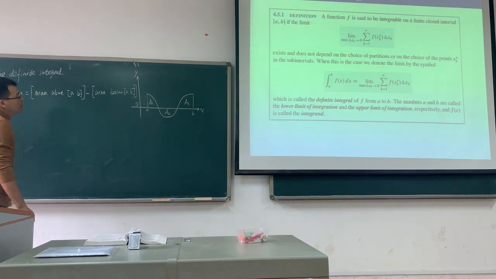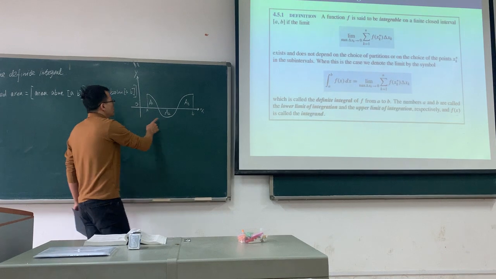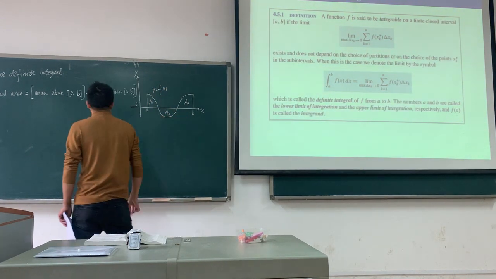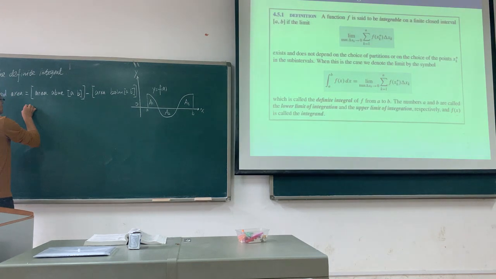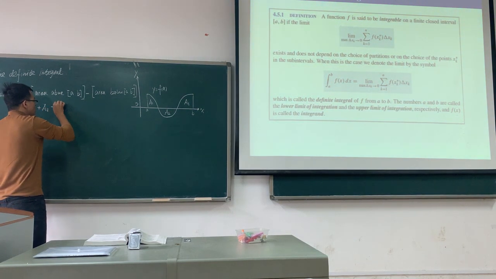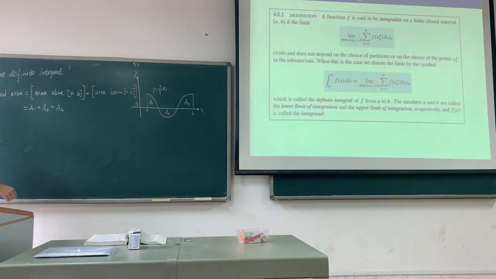So here, for this function y equal to f(x), the net signed area is equal to A1 plus A3 minus A2.